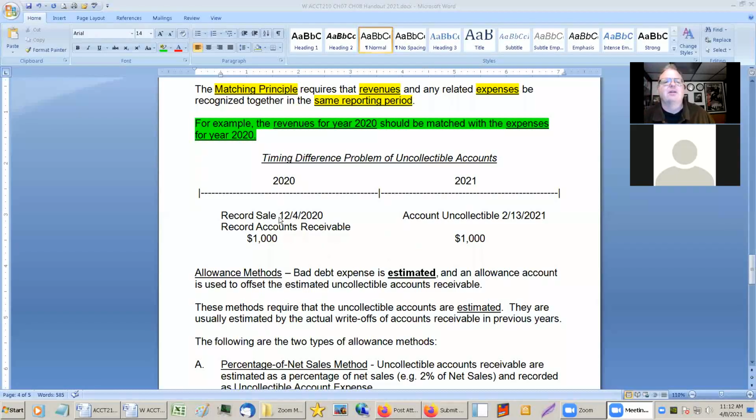So here is this sale that we had. We recorded the sale here. Let's do it in red. And we find out that account is uncollectible here. And this is an expense that is really for 2020.